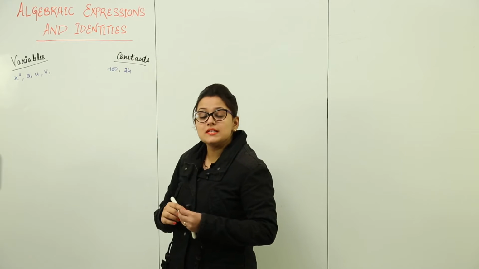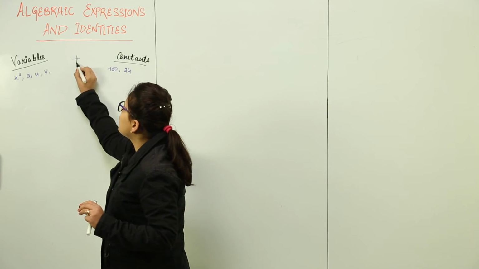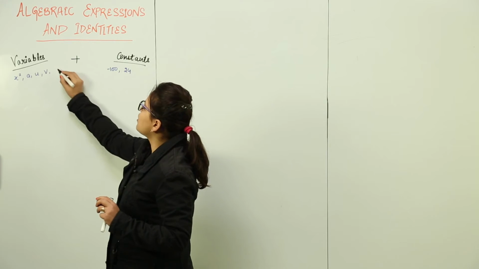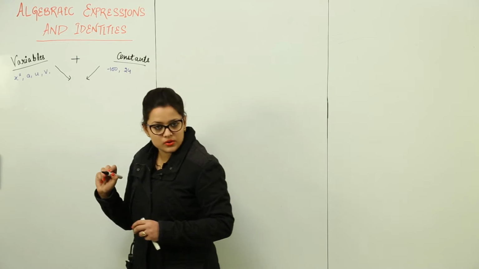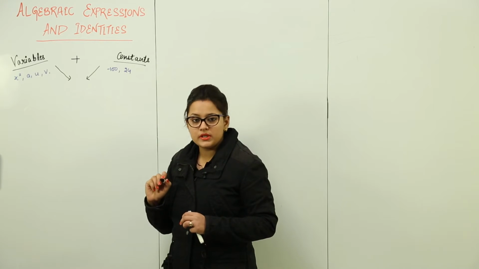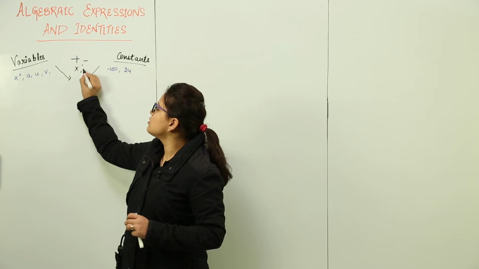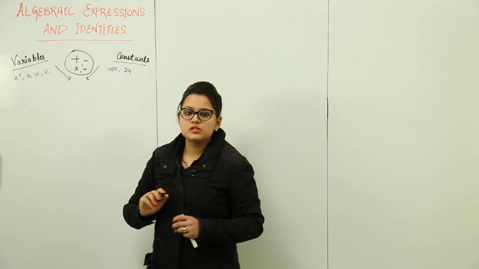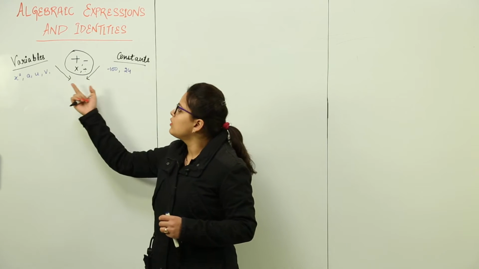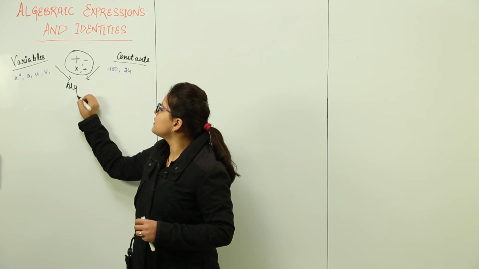So these are variables and constants. Now, what are algebraic expressions? Algebraic expressions are the combination of variables and constants both, combined together by using some operators like addition, subtraction, multiplication or division. When we apply these operations on the combination of variables and constants, they make up an algebraic expression.